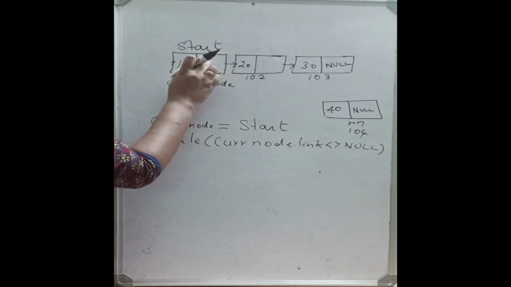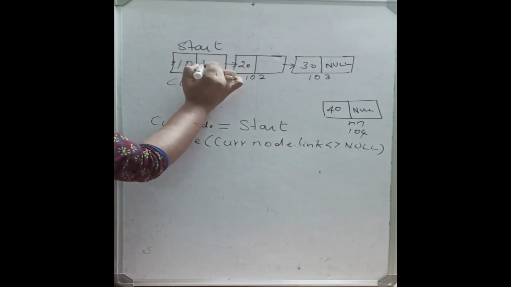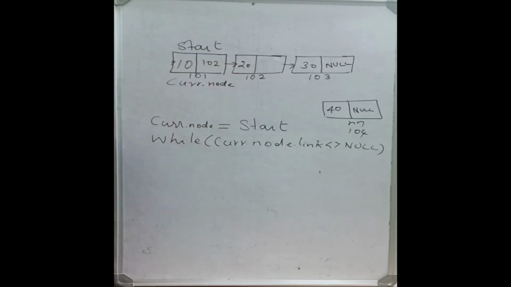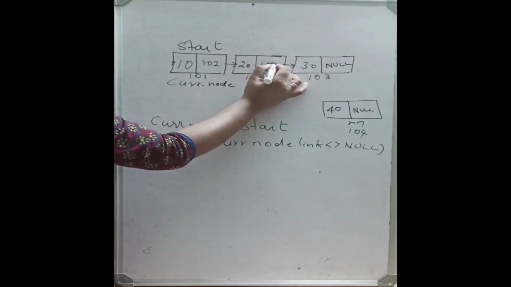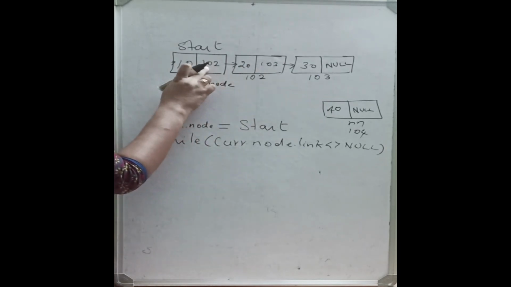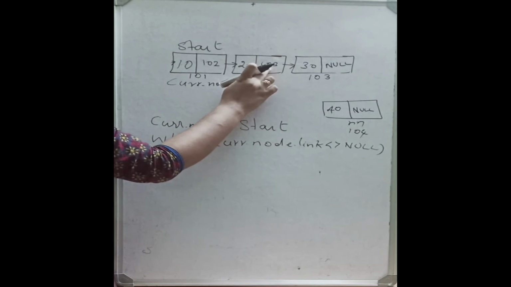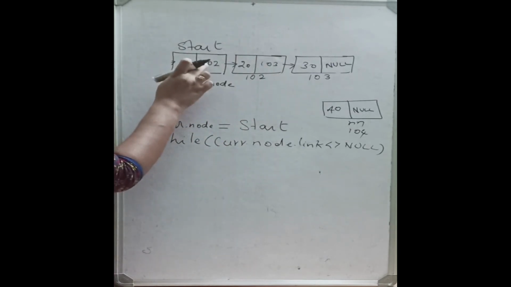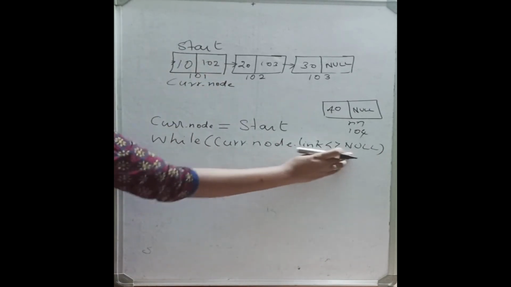Yes. What will be the value here? This will be 102. This will be 103. The address of this node will be stored here, and the address of this node will be stored here. In that case, this is not equal to null. This is 102, so the condition becomes true.